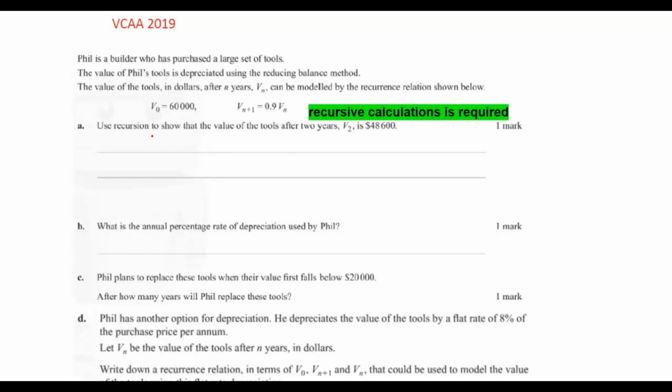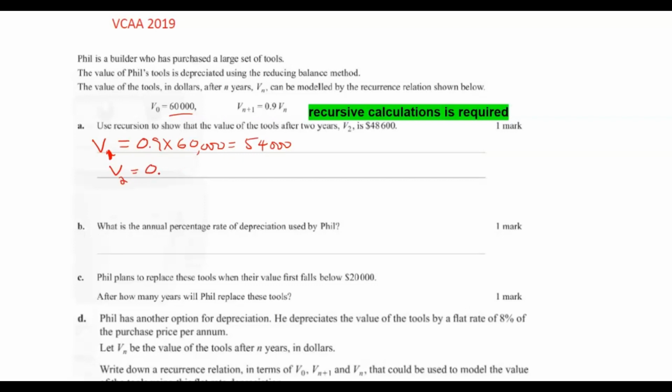So what is that supposed to mean? Well, in this case V naught is given, so you need to use V naught, which is this one here, and do your calculation based on that. Then you need to use the V1 value in order to obtain V2.